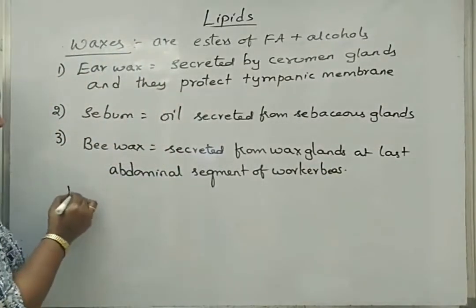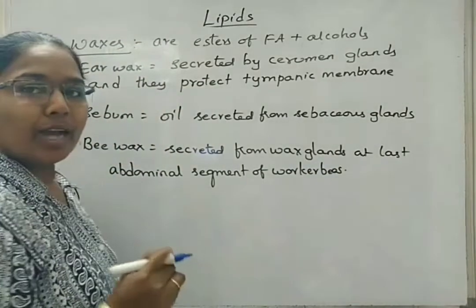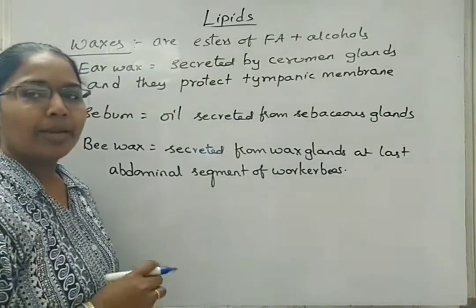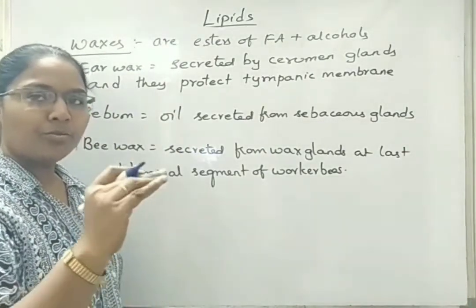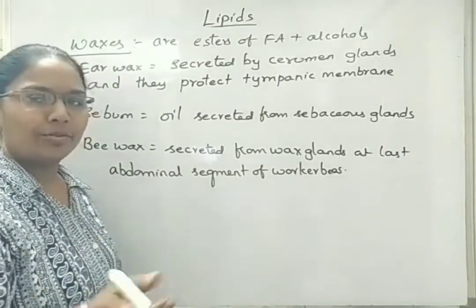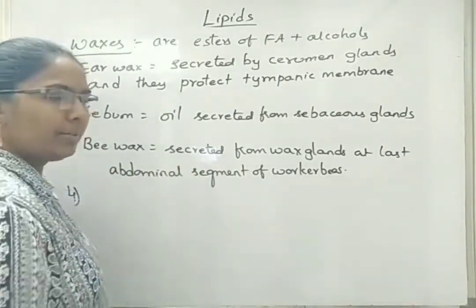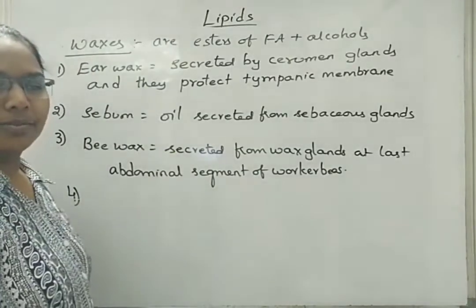Next, the fourth example we can see in aquatic plants. Though we pour some drops of water on them, they will not get absorbed. They float and drain off when the leaf is turned. For example, the Victoria leaf and lotus leaf.